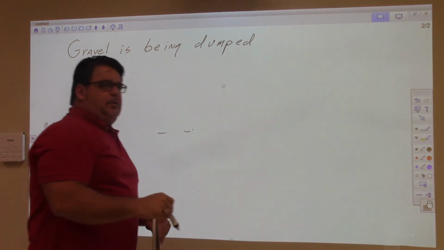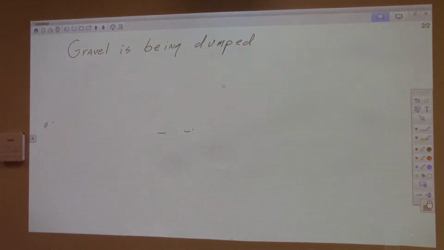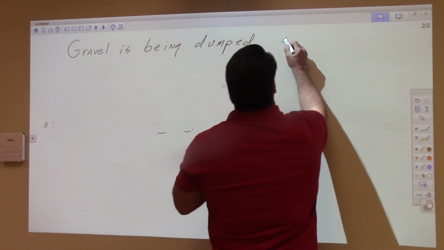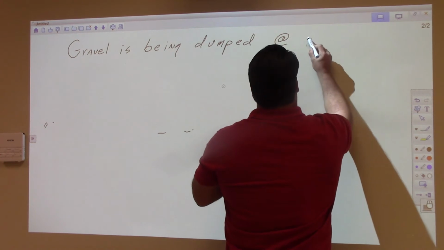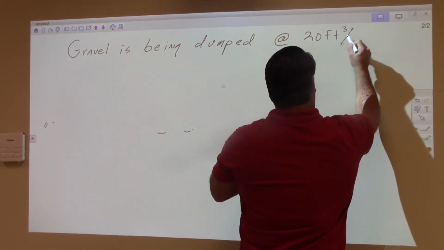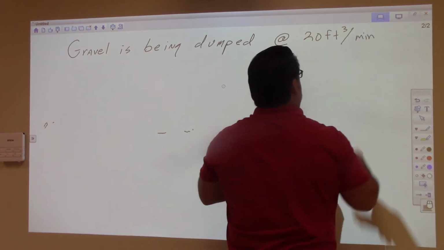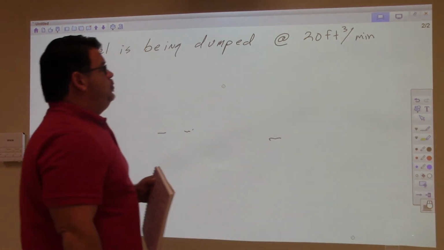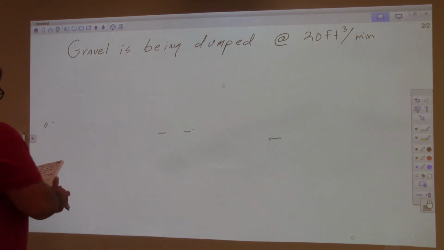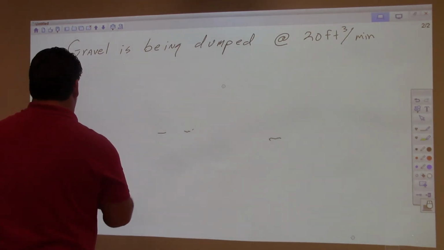Like at a gravel pit. They do it up a conveyor and then it drops off in a pile at 20 cubic feet per minute. And it forms a pile in the shape of a cone.